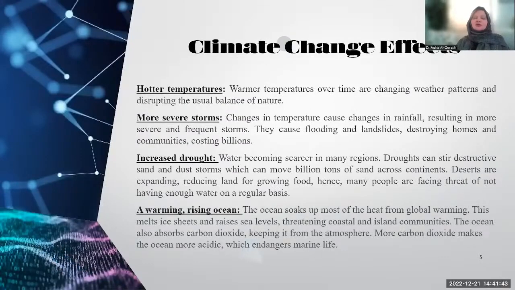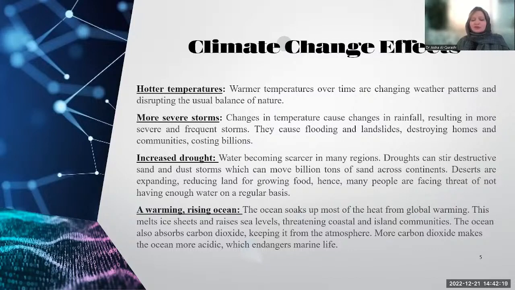What are the effects of climate change? Of course, hotter temperatures, which everybody has noticed, and that affects the other factors in climate, like rainfall patterns. More severe storms, as we noticed in our countries and other parts of the world.